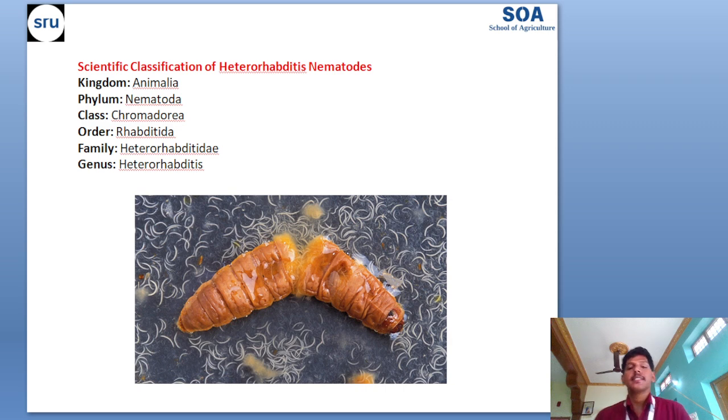Next, see the scientific classification of Heterorhabditis nematode. This Heterorhabditis nematode belongs to the kingdom Animalia, phylum Nematoda, class Chromadoria, order Rhabditida, family Heterorhabditidae, and genus Heterorhabditis. See the species under Heterorhabditis nematode.